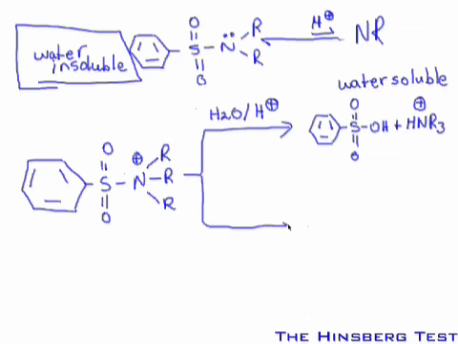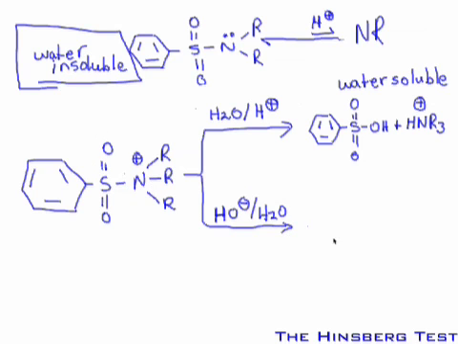What happens in base? Well, in base, hydroxide and water, the same nucleophilic attack of water will occur, giving you the SO minus, the S double bond will reform, and the good leaving group will kick out.